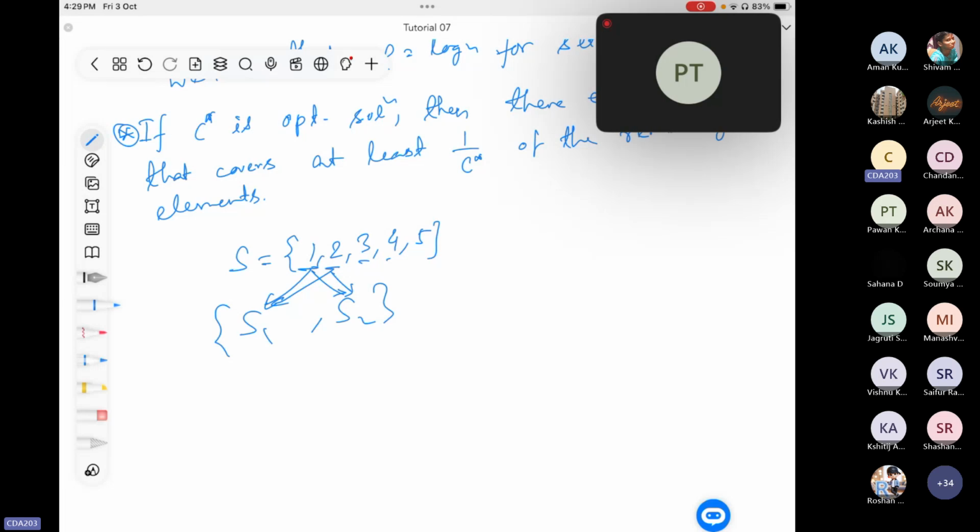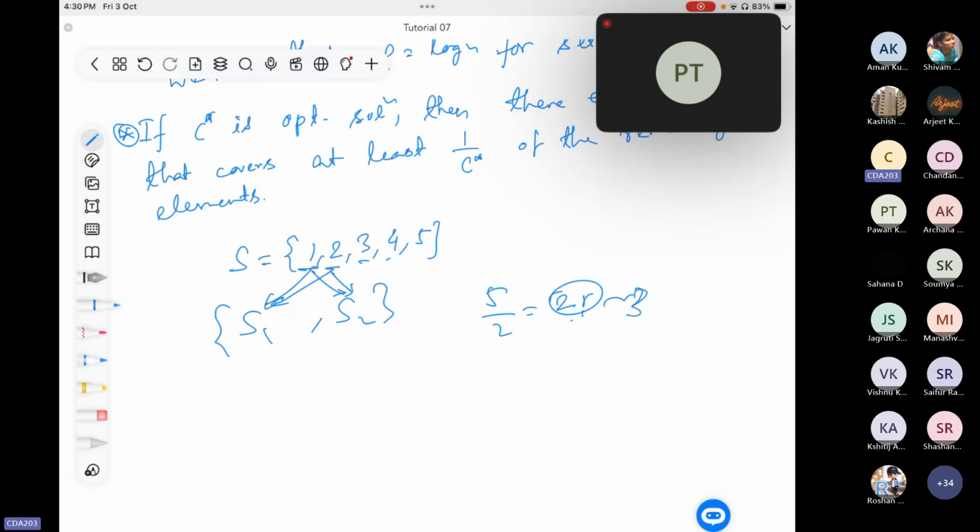So that means there is a set that contains at least half of the elements. For example, 5 by 2 is 2.5, which you can think of as at most 3.